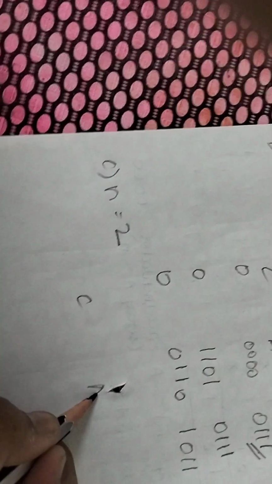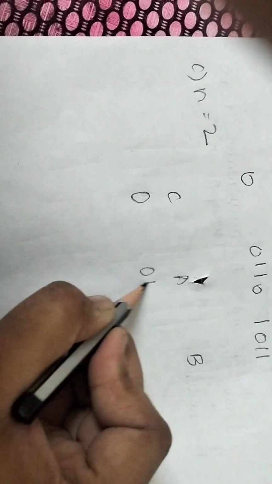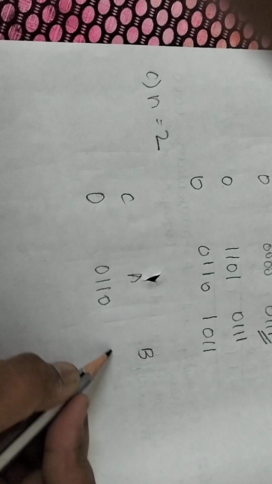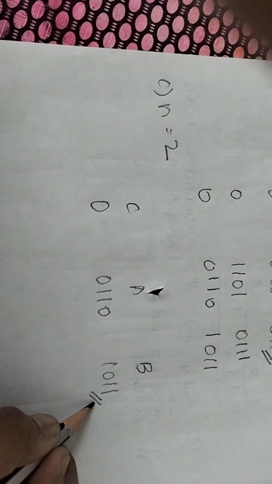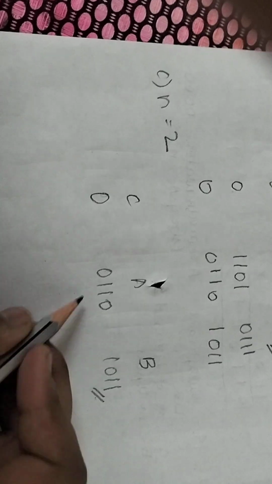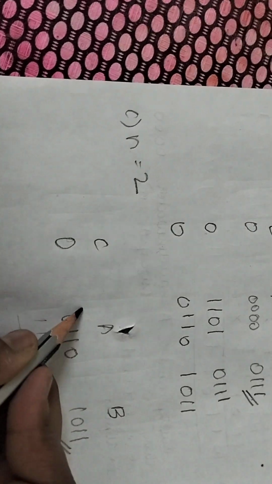So now what are the values I have? C, A, B: 0 0110 1011. Again check the least significant bit. It is a 1. So accumulator plus equals M. What is M? 1101. So accumulator will become this plus 1101, which is 1100.